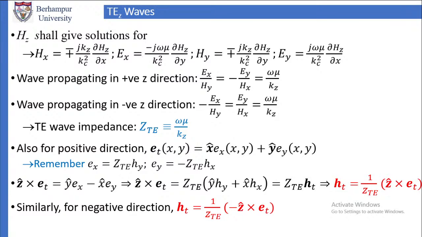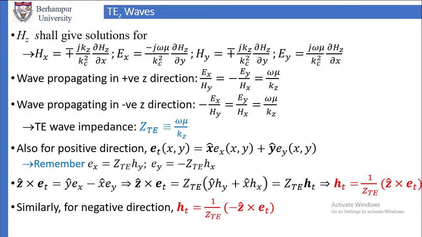Therefore, it is called TE wave impedance. So the TE wave impedance Z subscript TE is by definition equal to omega mu by kz, k subscript g. Now this is for positive direction.